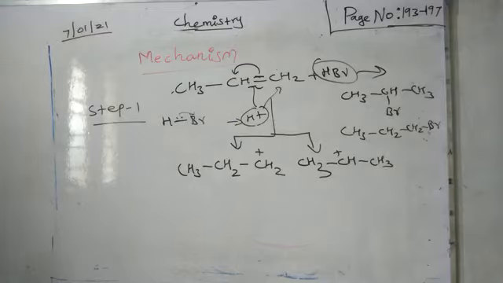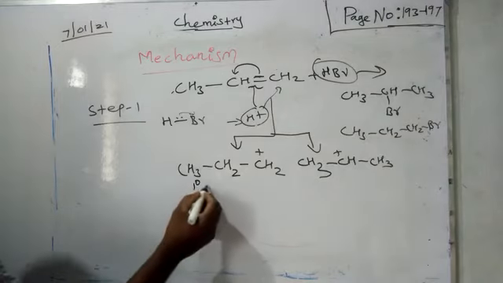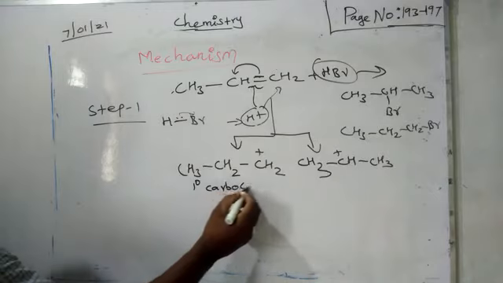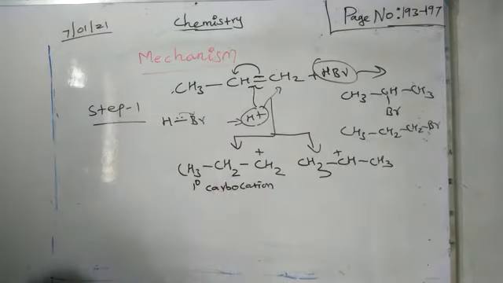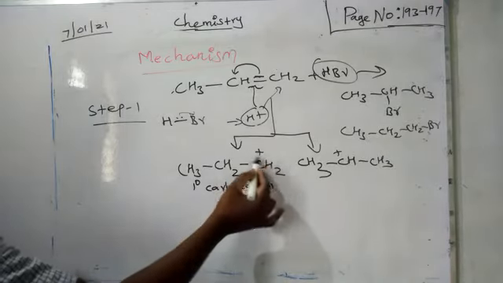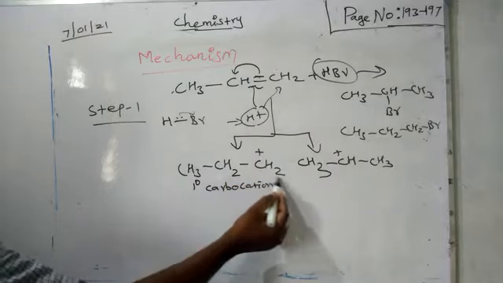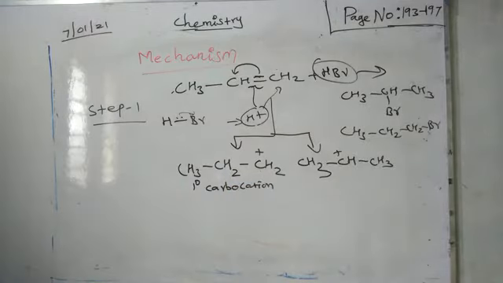Now, we have to compare these two carbocations. The first one is a primary carbocation. The second one is a secondary carbocation. What do we mean by primary carbocation? The positive charge carbon has two or more hydrogens, so we call it a primary carbocation.